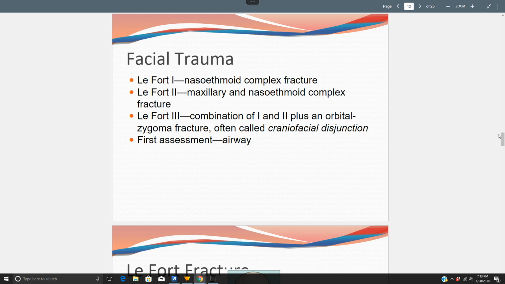Really assessing and diagnosing at what extent the facial trauma is, making sure we're controlling hemorrhage, and some of these patients may lose a lot of blood, so they become hypovolemic and get real shocky. So again, we want to be prepared to give blood, fluids, things like that.